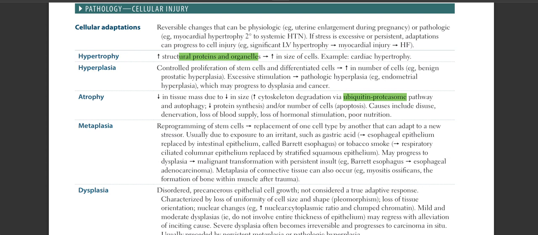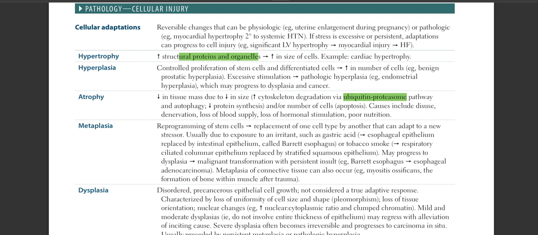Apoptosis is one, yes. But what's the other way? Maybe not normal, maybe pathologic. What's the other way in which you can reduce the number of cells? Necrosis, yes. Apoptosis and necrosis, both of them can reduce the number of cells.